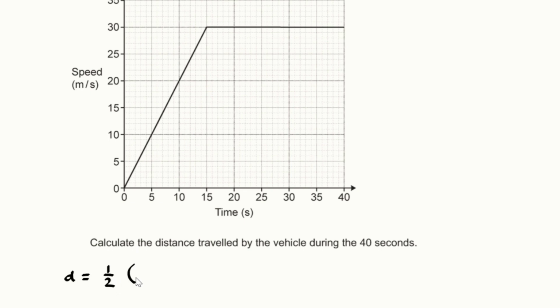we've got 1/2, lots of the sum of the two parallel sides. Now here, I'm going from 15 to 40, so that's 35 this way, plus 40 times by the height, which is 30.